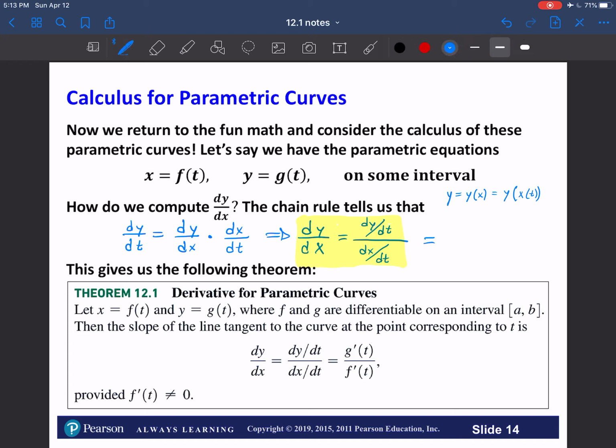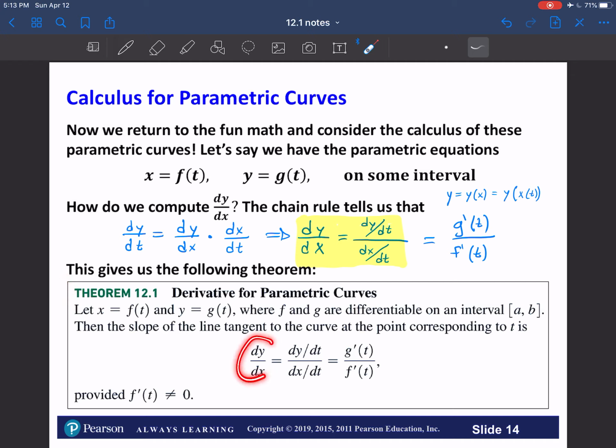And we could also rewrite this as g prime of t over f prime of t, if we once again consider that x is equal to f of t and y is equal to g of t. And basically that's what it says here in this theorem.